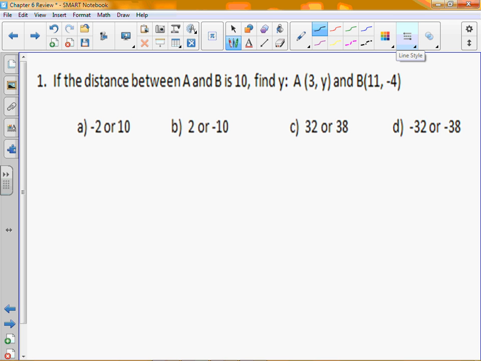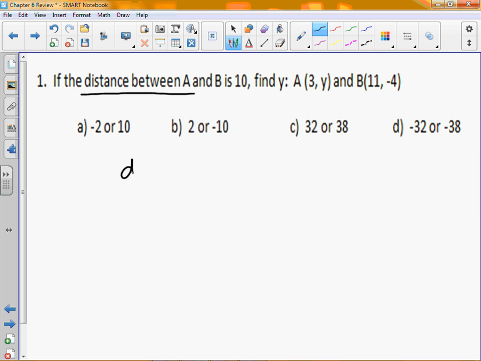First thing, guys, one of the things that would benefit you greatly is when the problem talks about the distance formula like this one does, if you wrote the distance formula. Just take your pencil, and the question says the distance between A and B, so write the distance formula.